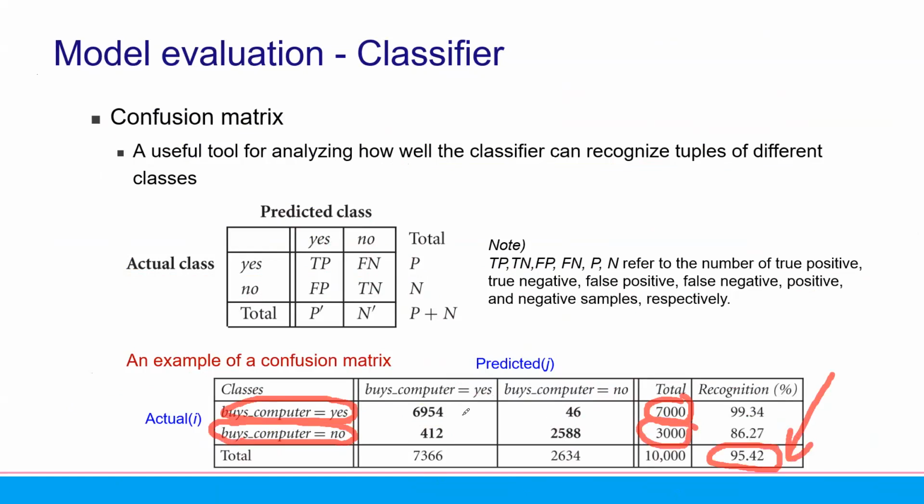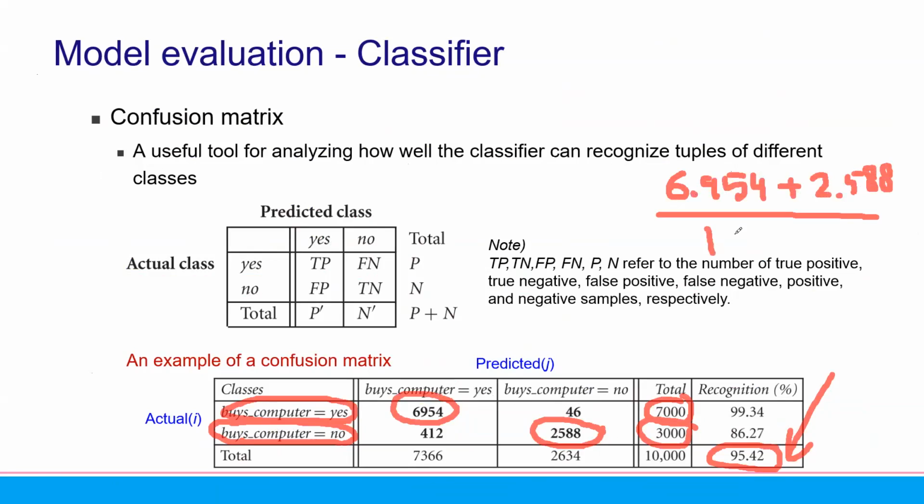We want to know if our model can predict correctly. So we call this the accuracy, and we can get it from 6,954 plus 2,588 divided by 10,000. And with this formula, we will get this value.